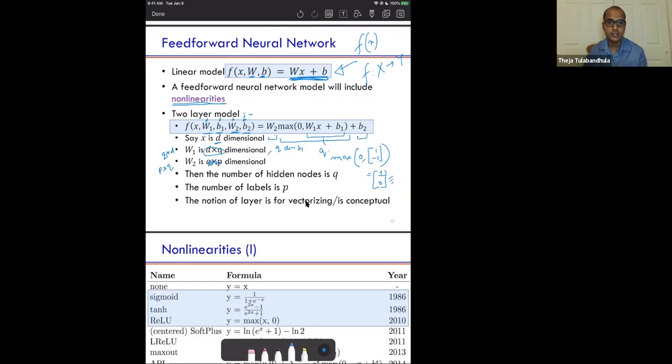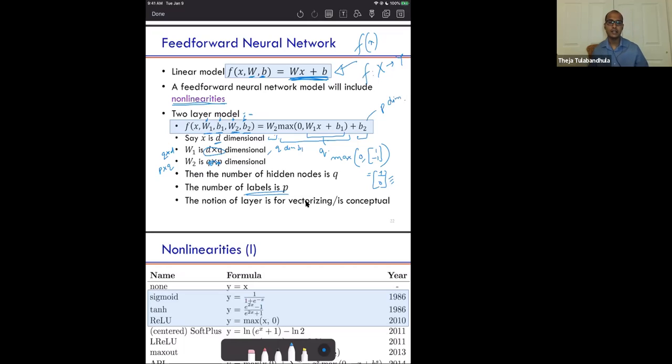And then W2 has to multiply with a 5-dimensional vector and produce an output. Let's assume that the output dimension is P, because let's say we have P classes to predict scores for, as in how likely is it that my input is of class 1, 2, 3, or P. So I need to produce P scores. Let's say the one with the highest score is the class I predict. So W2 is going to be P cross Q, and B2 itself is also going to be P dimensional.